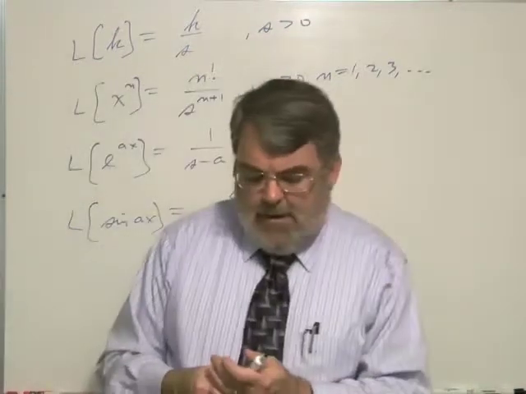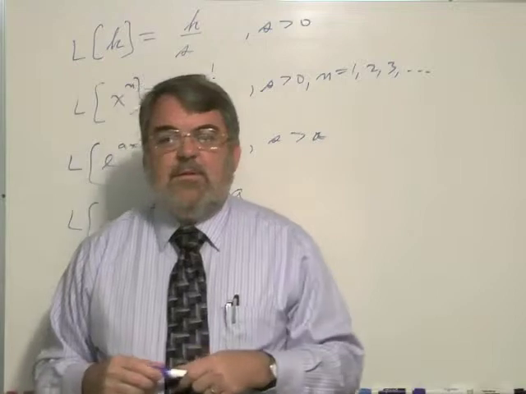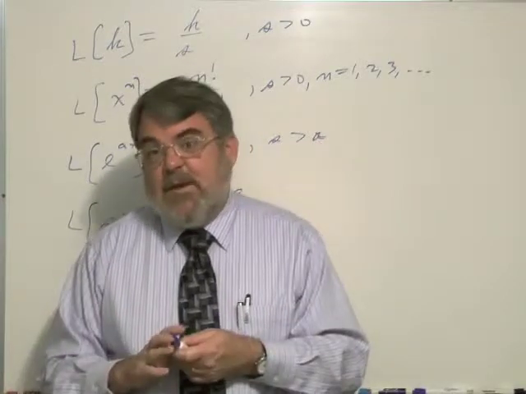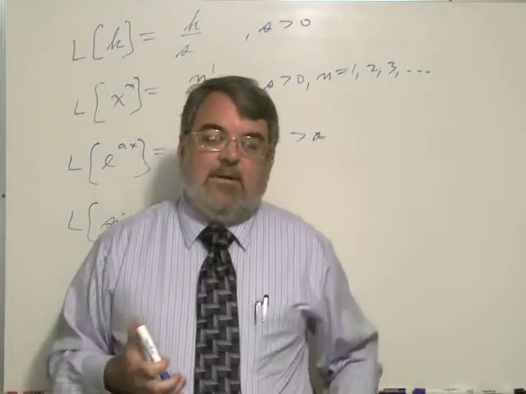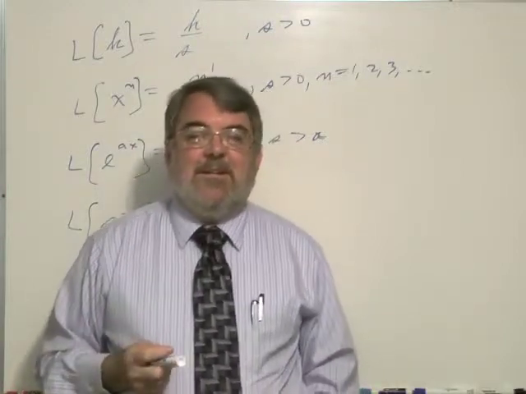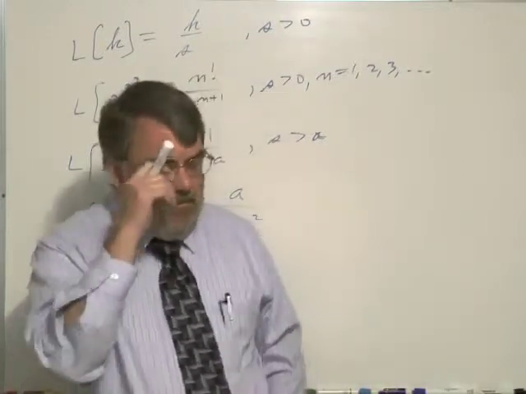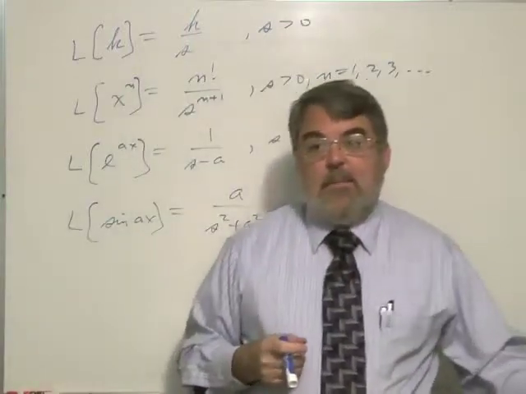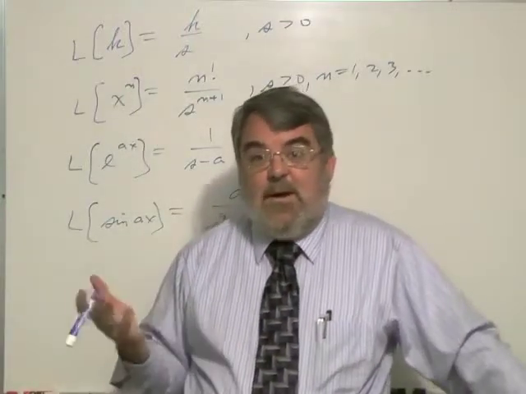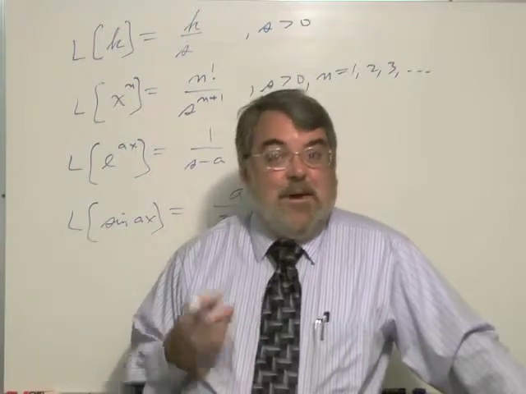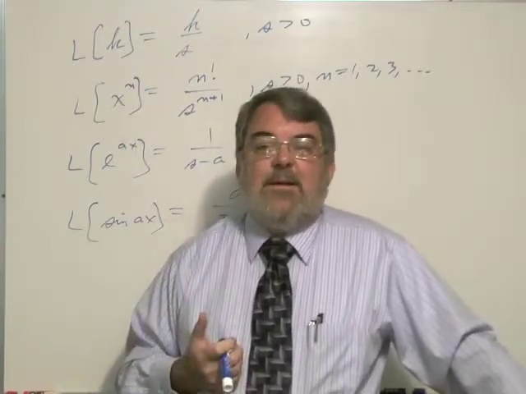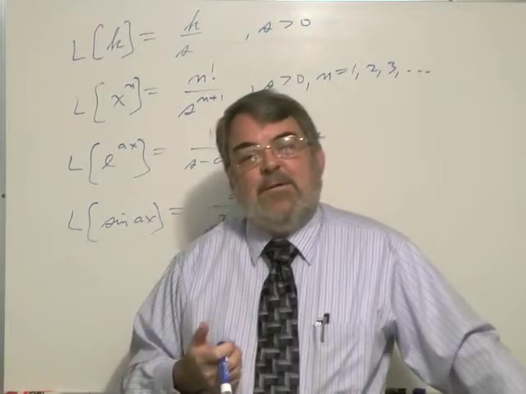Of course there are more of them in that table, and there are probably some sources that have yet more of these Laplace transforms that you could look up as a reference. So it doesn't begin to remove the mystery of why we are doing this. And so you have to bear with me. I'm going to erase the board and then tell you some more about how these are used.